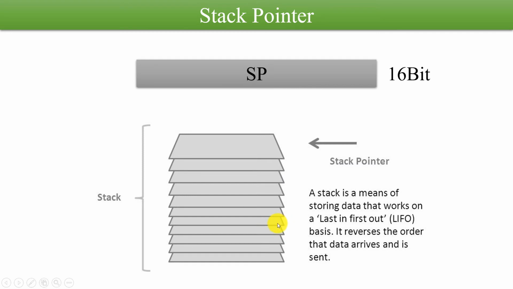Thereafter we come down to the stack pointer. It always points at the top of the stack. You can imagine that this is a stack of data or bytes, you can call them. The top of the stack is always pointed by the stack pointer. Stack operations are also important operations of 8085.